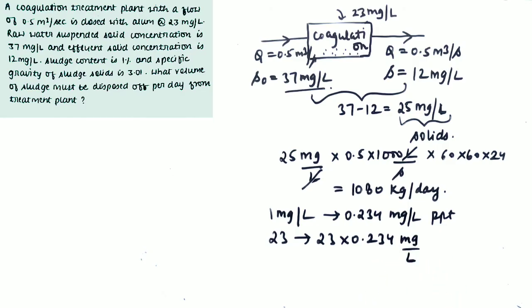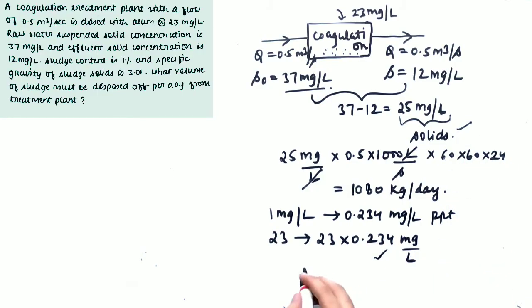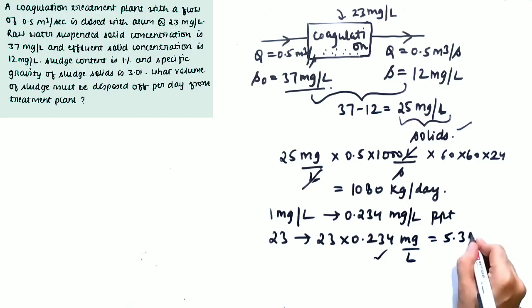Again, this precipitate is in the form of solids. This is not sludge. We will convert this solid plus water into sludge. Solids plus water result in sludge. Initially this is solid and this is also solid. So when you solve this, it will come out to be 5.382 milligram per liter.